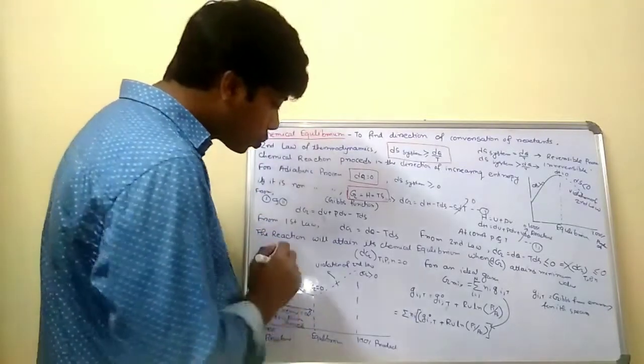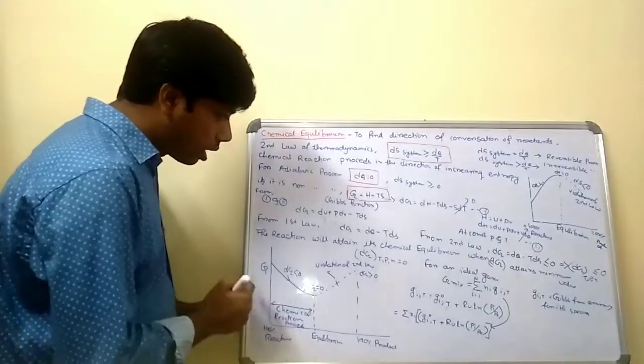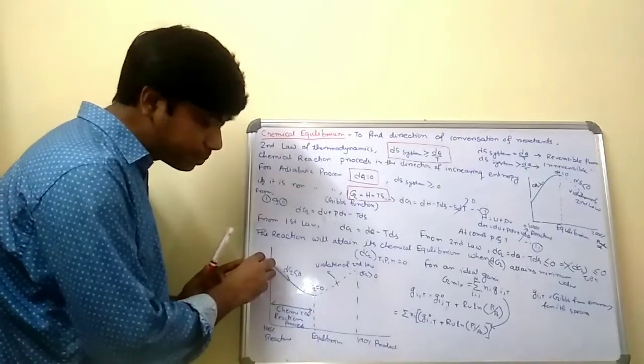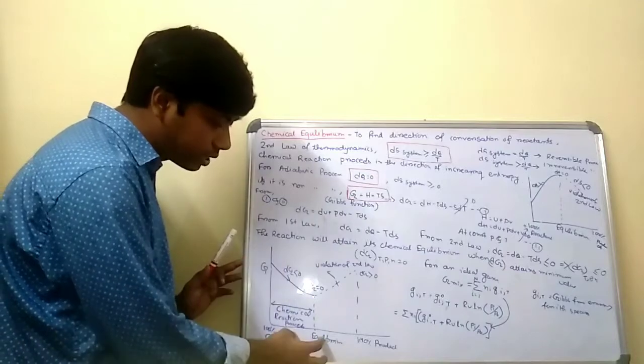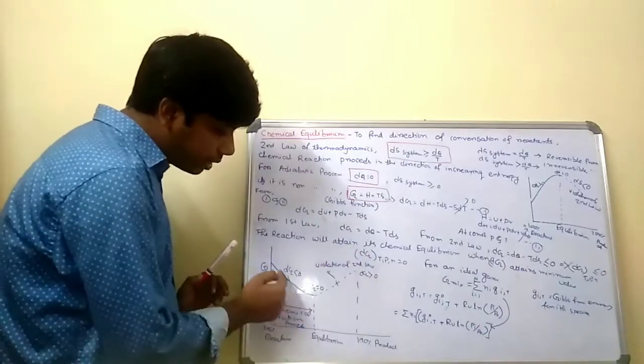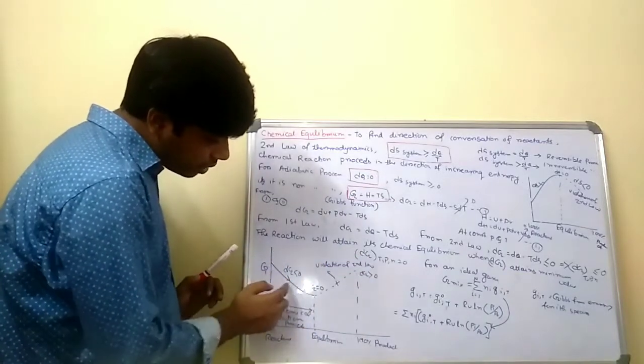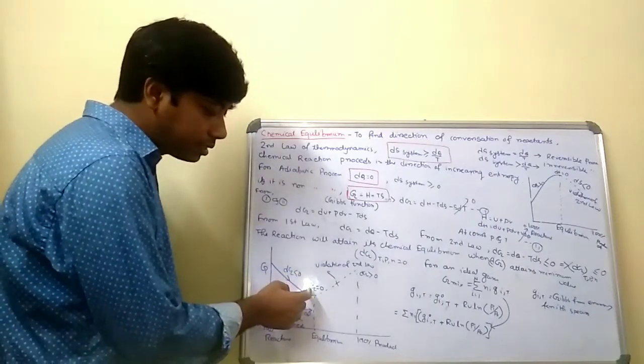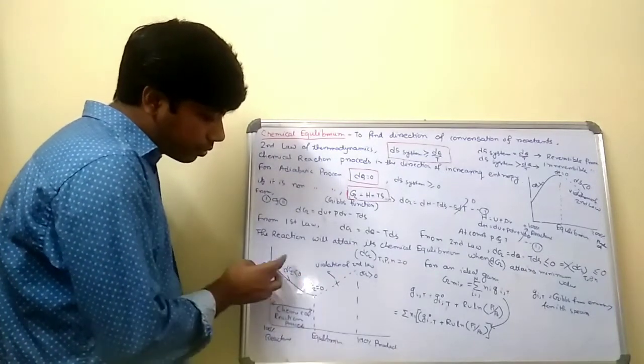Okay, so if you look at this plot, these are G and equilibrium, that is, the Gibbs free energy or Gibbs function. This is the diagram in which you can see the Gibbs free energy, and dG is the change of Gibbs free energy.